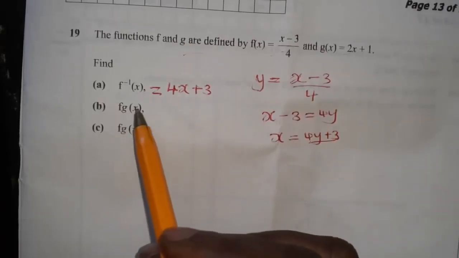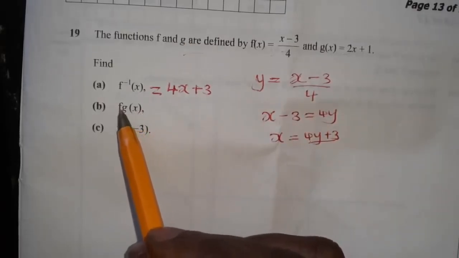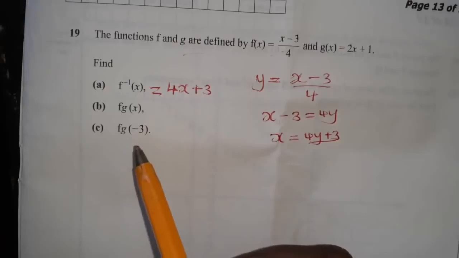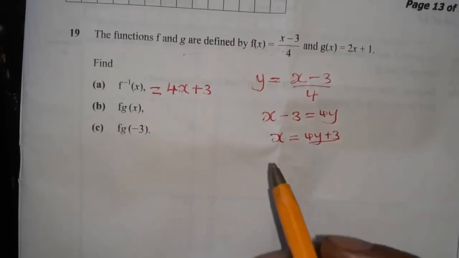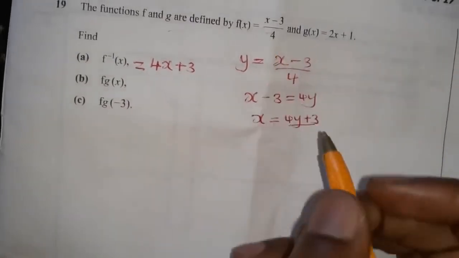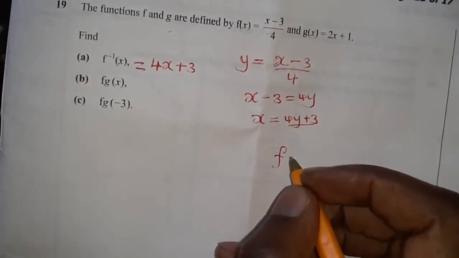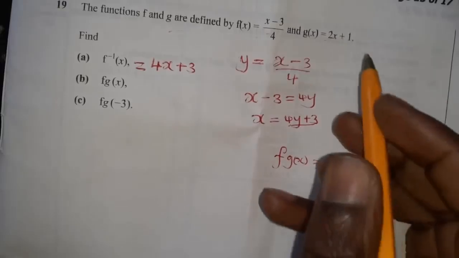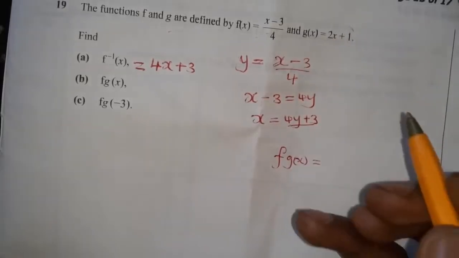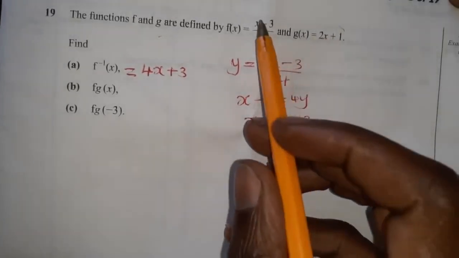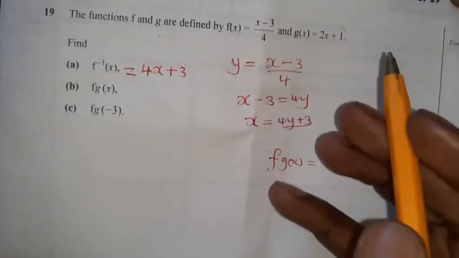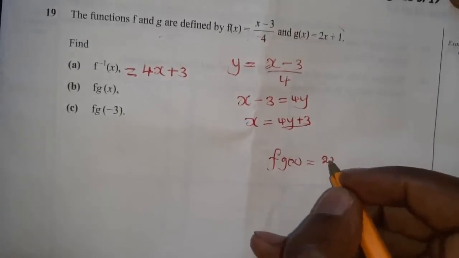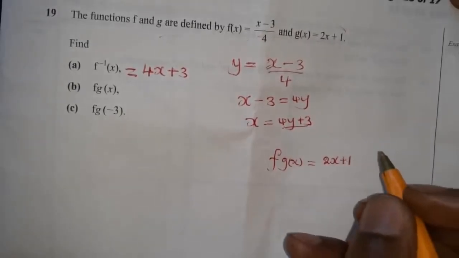Then we have a composite function. f of g, g into f. So meaning in f, where we have x, we must put this function for g. So here where we have x, we are going to write 2x plus 1.